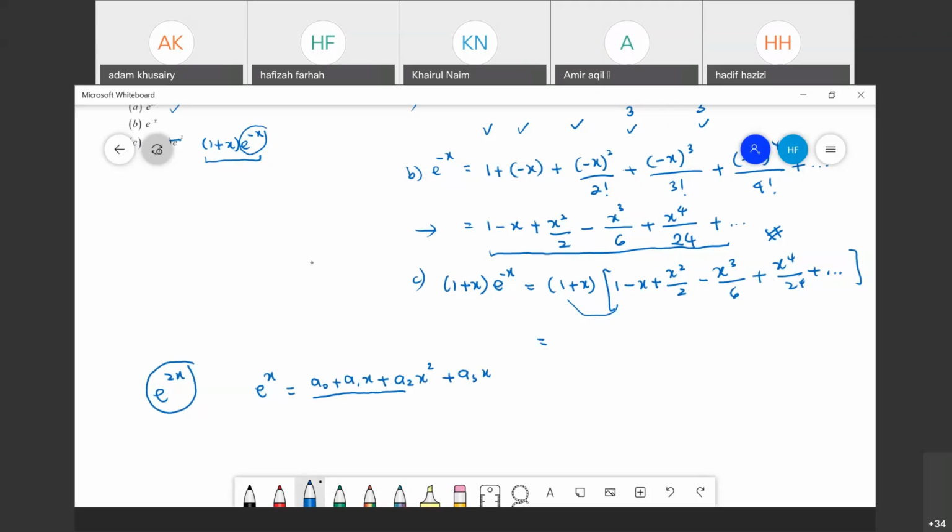And then what you need to do is you have to differentiate this equation several times with respect to x, and then substitute x equals to 0. And then when you get the coefficients a0, a1, then substitute back into the equation and then find the e to the power of 2x in the expansion of e to the power of x.